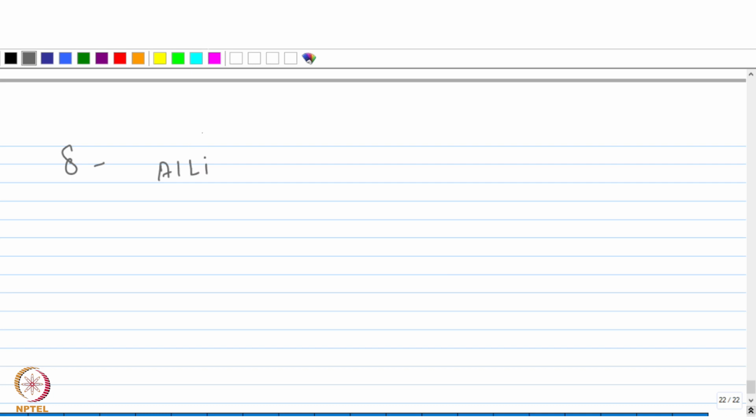Okay, so this is the composition or the formula for the equilibrium phase delta in this case. And the structure of delta, the crystal structure, is of B32 type, which is basically the NaTl structure.